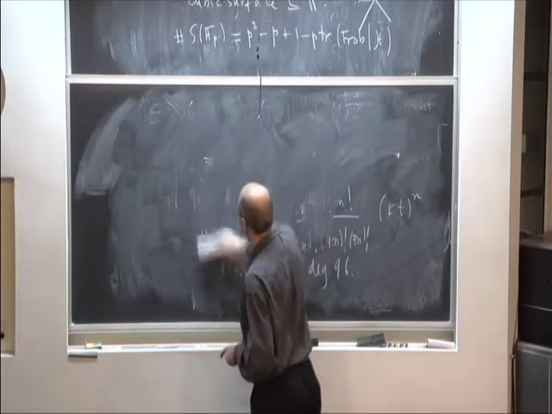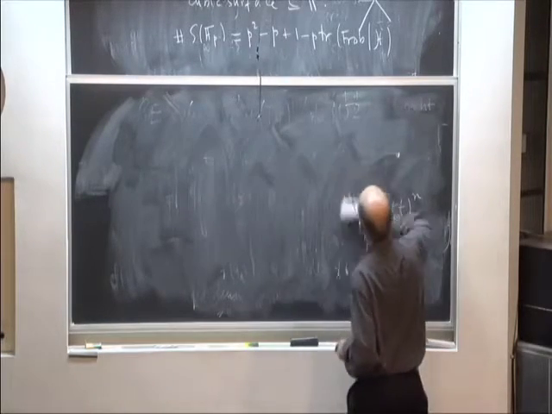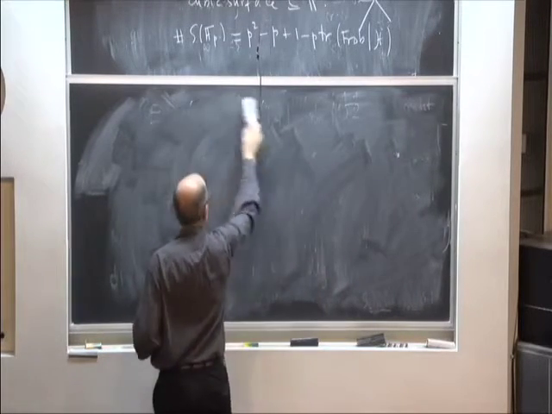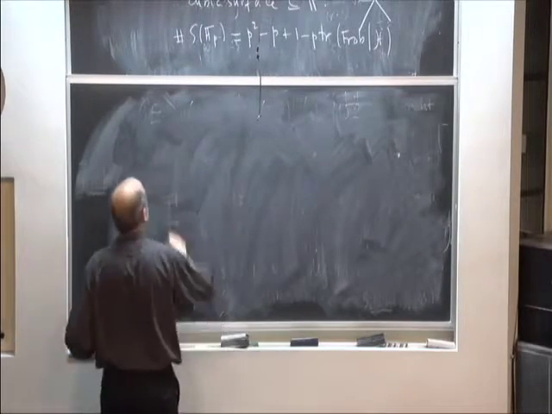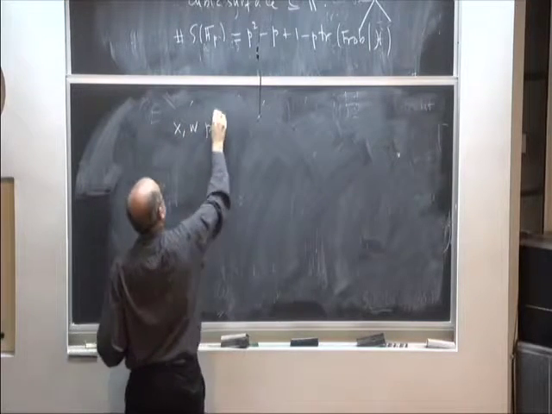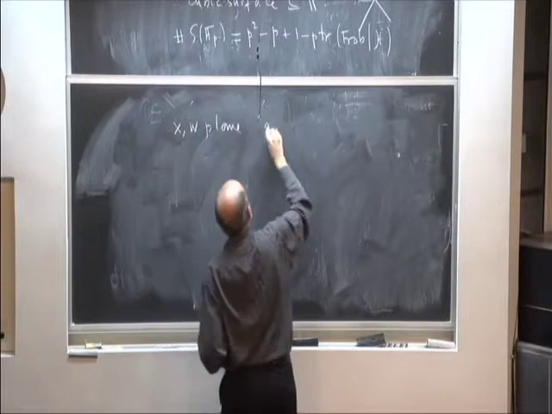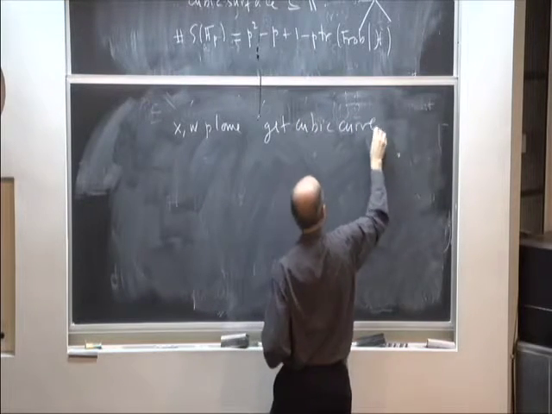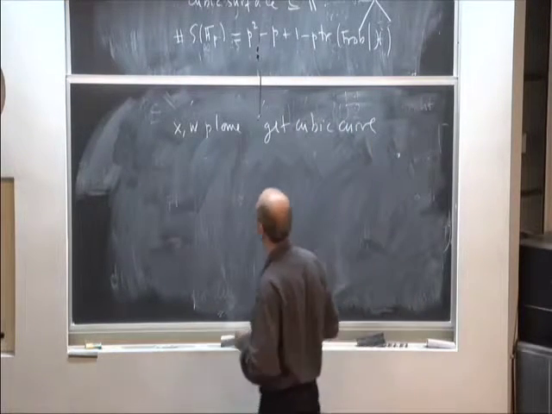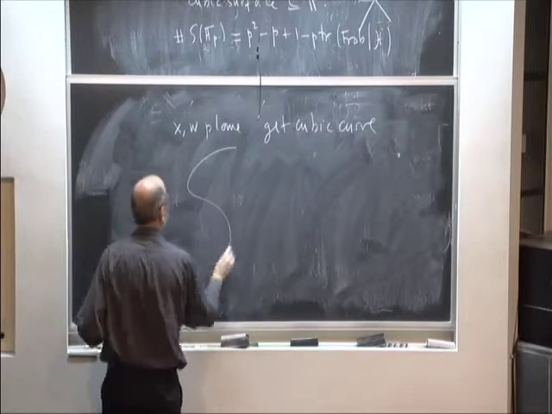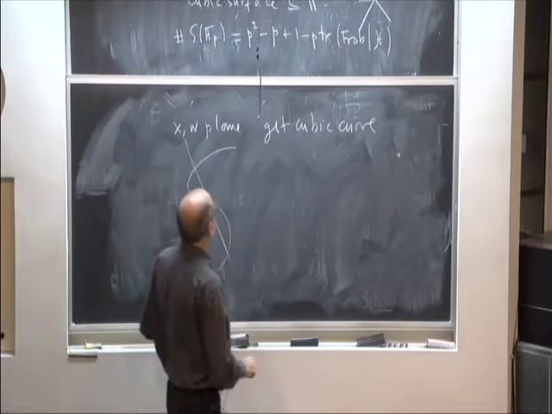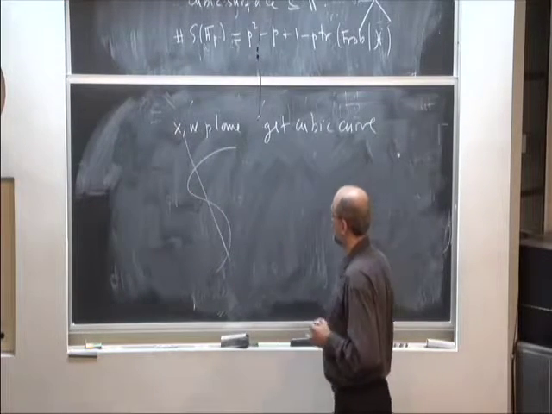So if you project to the xw plane, you get a cubic curve, with a line missing in affine space. And so this is this cubic curve, and then there's a line, which cuts it in 3 distinct points.